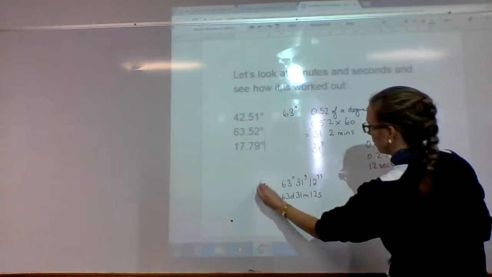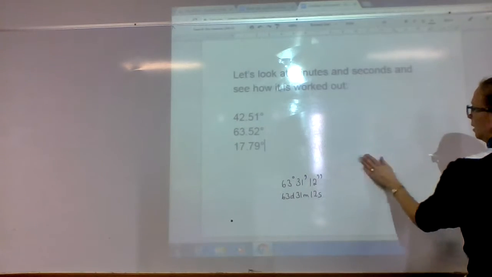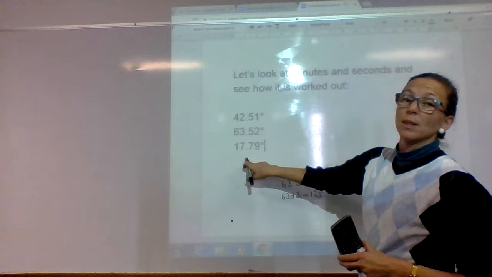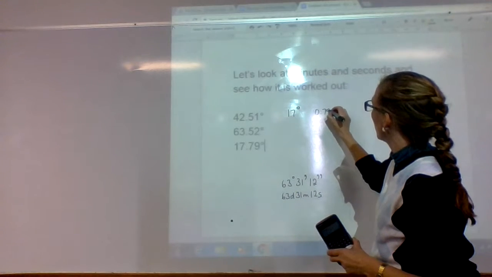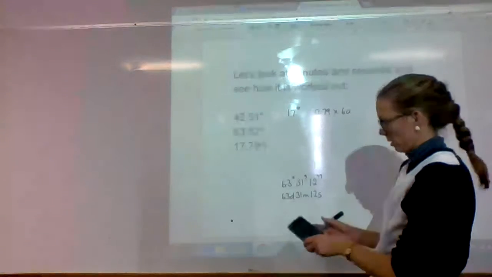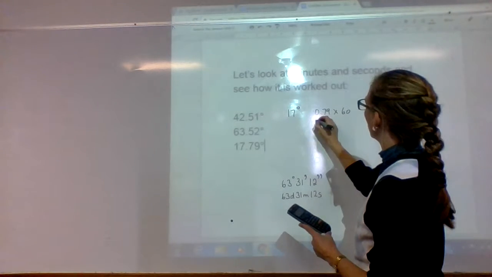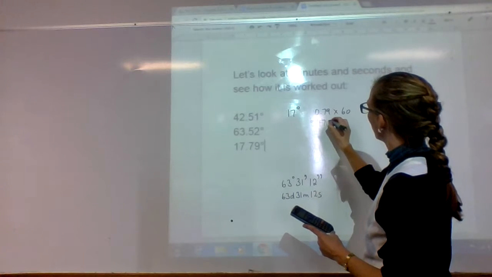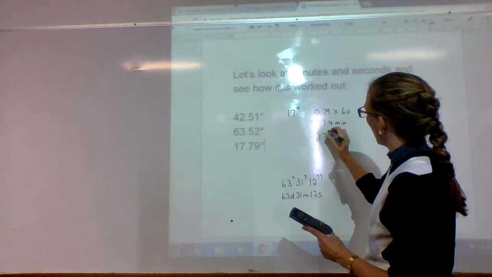We'll do one last example. 17.79 degrees, 17 degrees, 0.79 times 60. That's going to give us how many minutes? Which is 47.4 minutes. So I keep my 47 out.